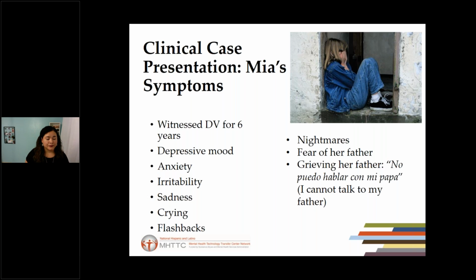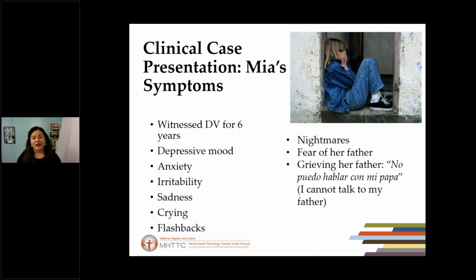Some of the experiences the client shared was that when she was at home, several times she saw her father drunk, yelling, angry most of the time. This is something that she expressed through the therapy sessions.